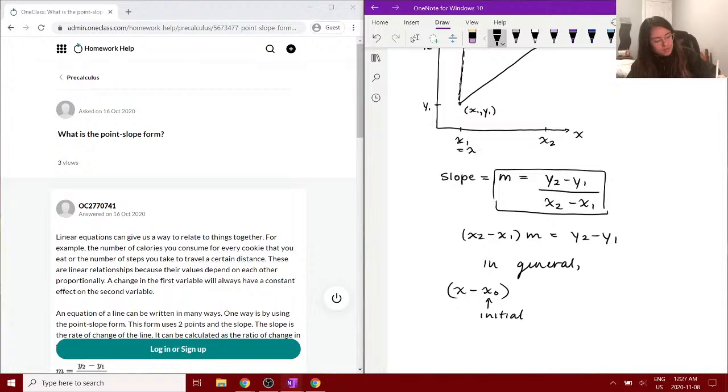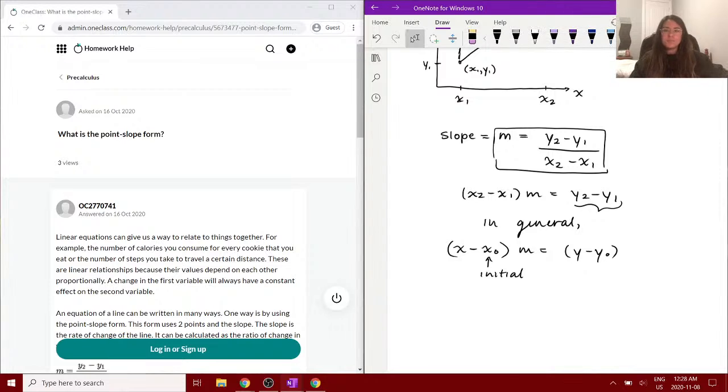So if you write this as x naught instead, and this is just x, you might see it in this way. That's the only reason why I would include it. But if you are not familiar with x naught or y naught, then you'll probably just use the 1 and 2 notations instead. All right, so that's pretty much it for the point slope form.